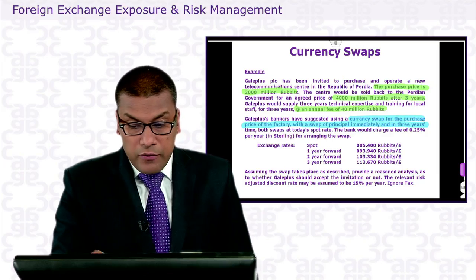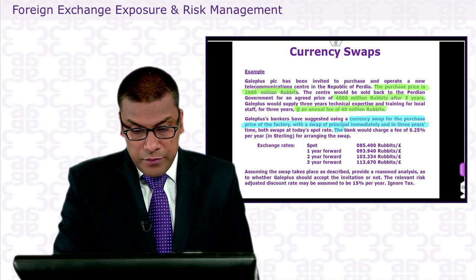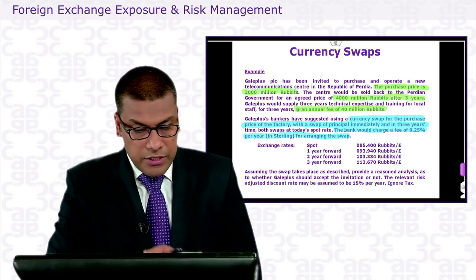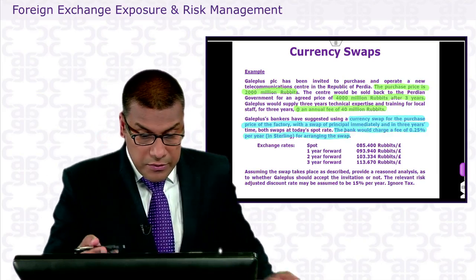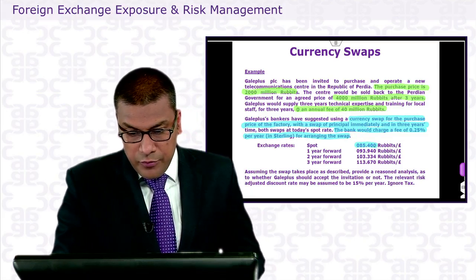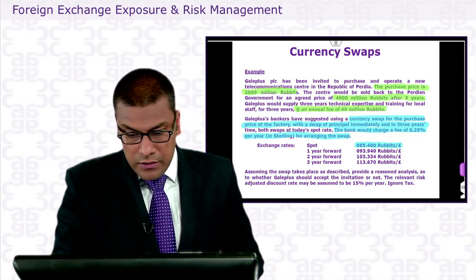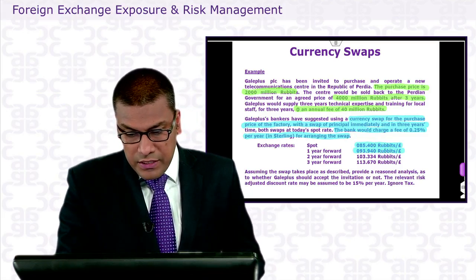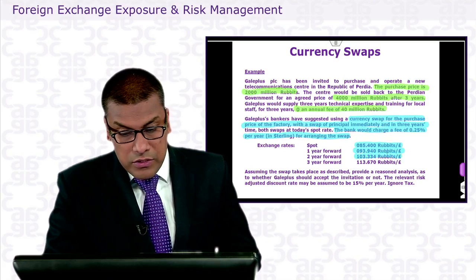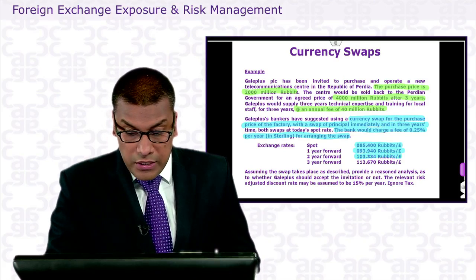The bank would charge 0.25% per year in sterling for arranging such a swap. Some rates are given. The spot rate is 85.4 rupees per sterling, 1 year forward is 93.94, 2 year is 103.334, and 3 years is 113.670 rupees per sterling.